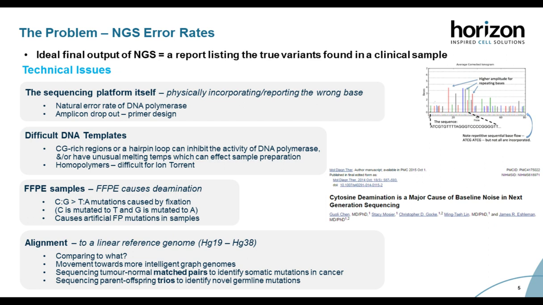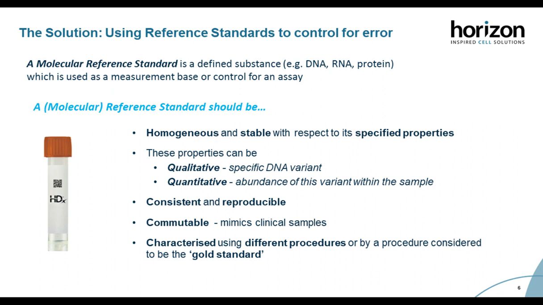We see people becoming more interested in sequencing tumor-normal matched pairs to identify somatic mutations in cancer, and also in sequencing parent-offspring trios to identify novel germline mutations where these samples are available.